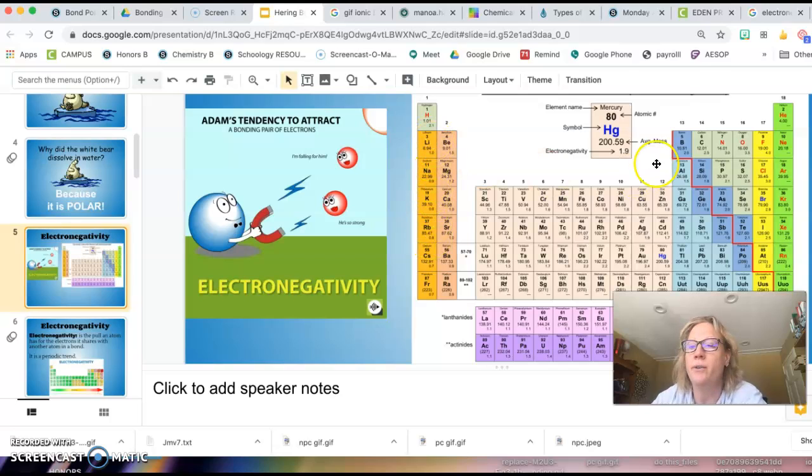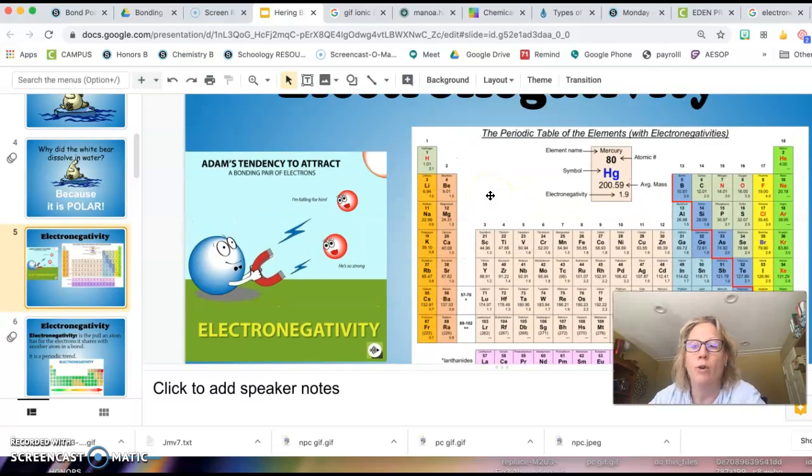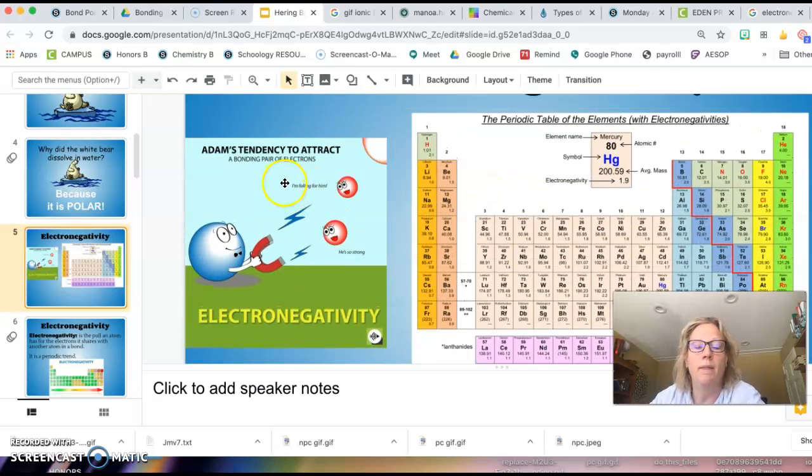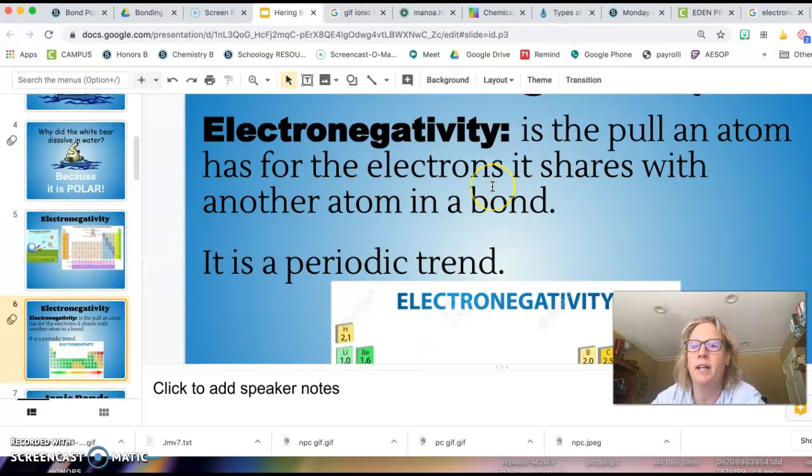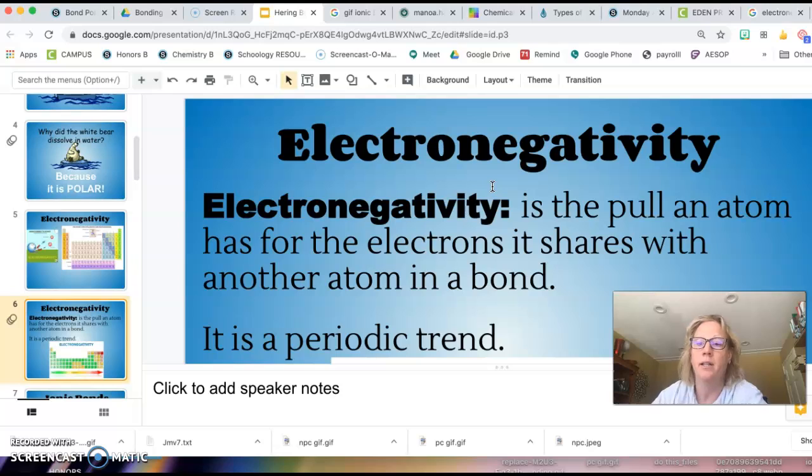It's a scale from 0 to 4, 4 being the highest. The ones that have the higher electronegativity, like fluorine, are able to pull electrons towards themselves. So electronegativity is defined as the pull that an atom has for the electrons that are being shared in a bond.